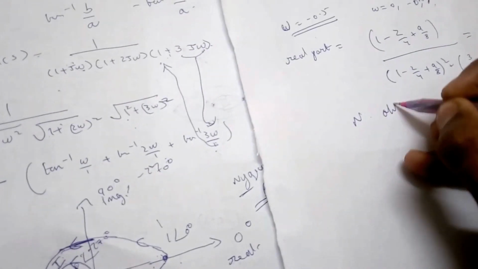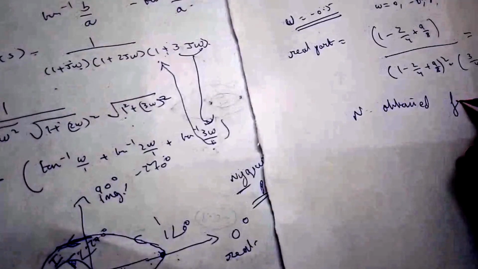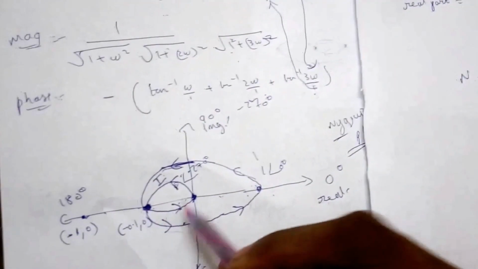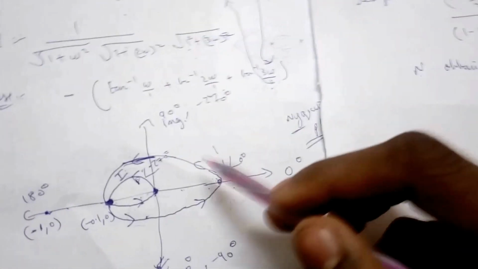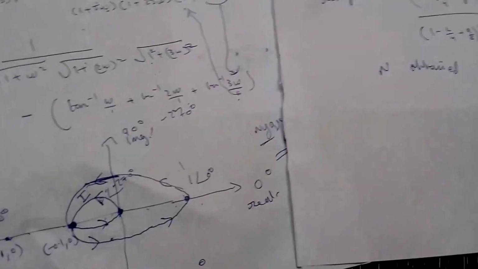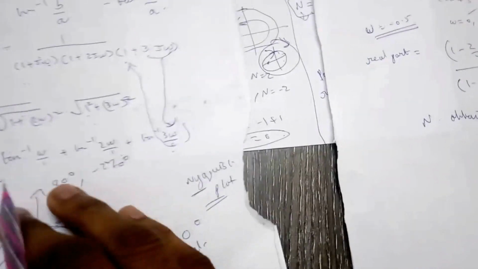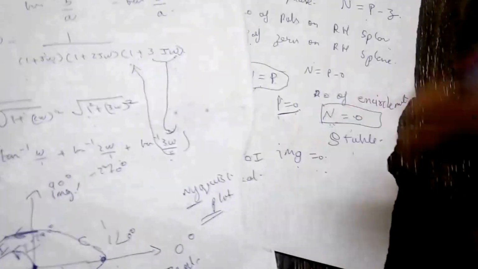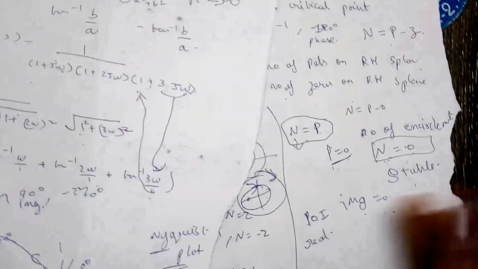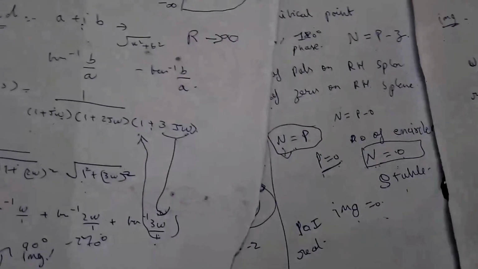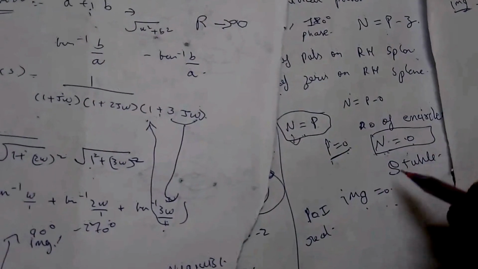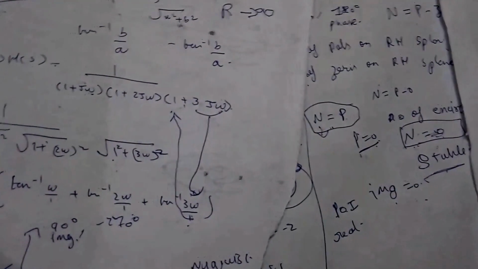So the number of encirclements N obtained from the plot equals 0. Let's see whether it is in accordance with the N value calculated directly from the right half zeros and poles of the transfer function. We have the stability condition as N equal to 0, as already mentioned.